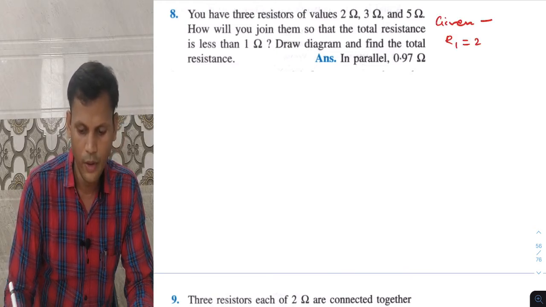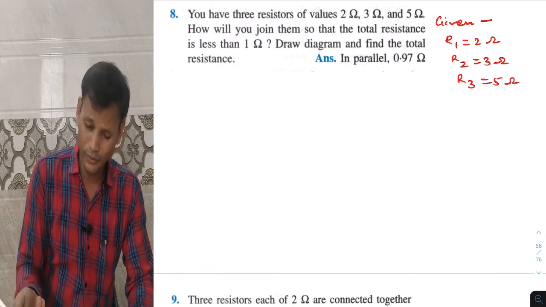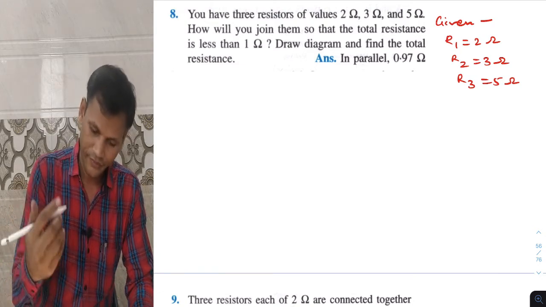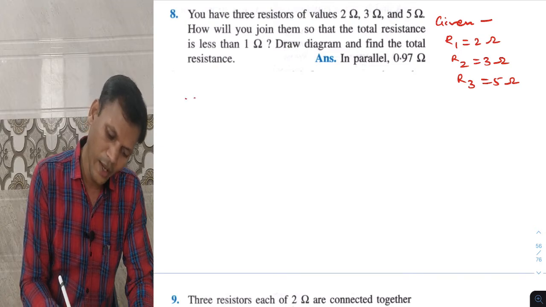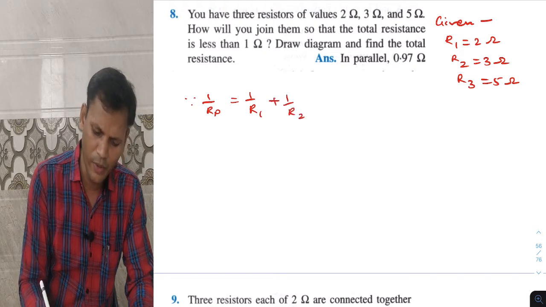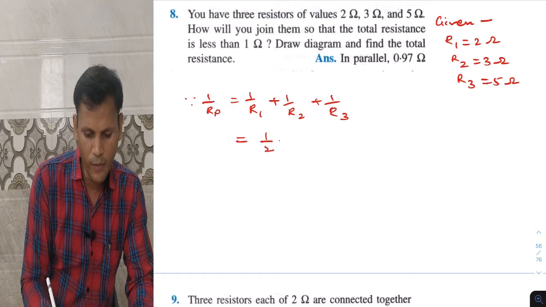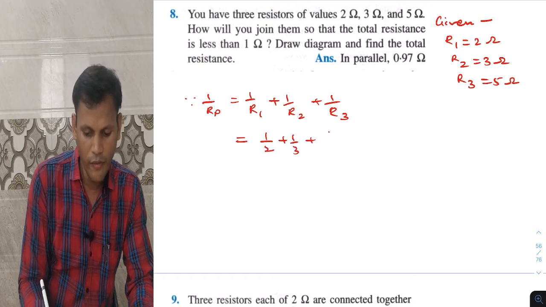R1 is 2 ohm, R2 is 3 ohm, R3 is 5 ohm, and all are connected in parallel. So 1 upon Rp is 1 upon R1 plus 1 upon R2 plus 1 upon R3. So 1 upon 2 plus 1 upon 3 plus 1 upon 5.